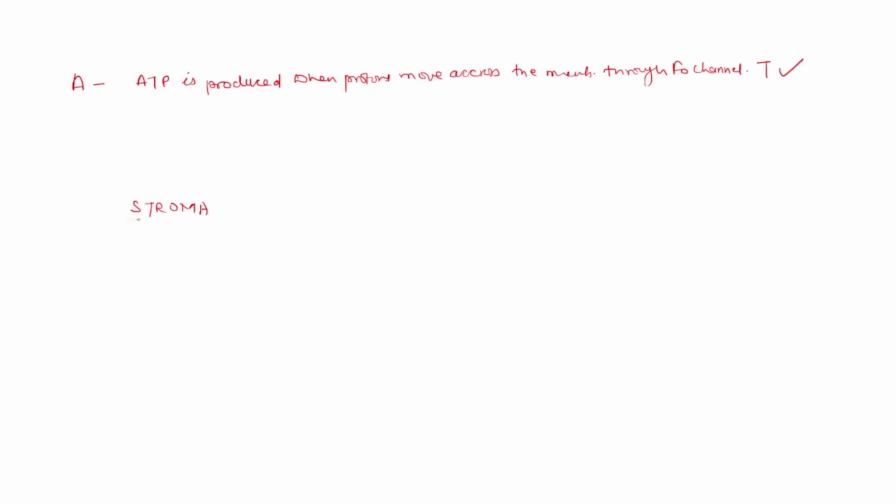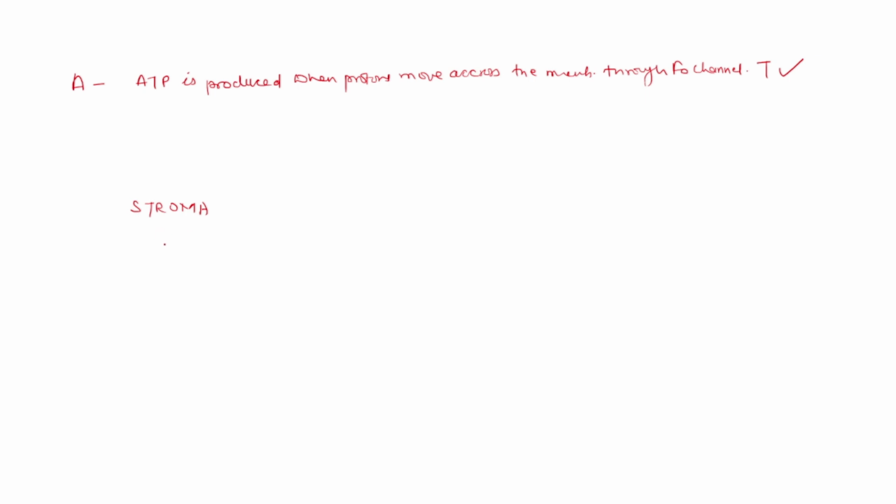So what is the assertion given here? That ATP is produced when protons move across the membrane through the F0 channel. Is this statement true? Yes, this statement is true. How? Let's see our flow diagram.